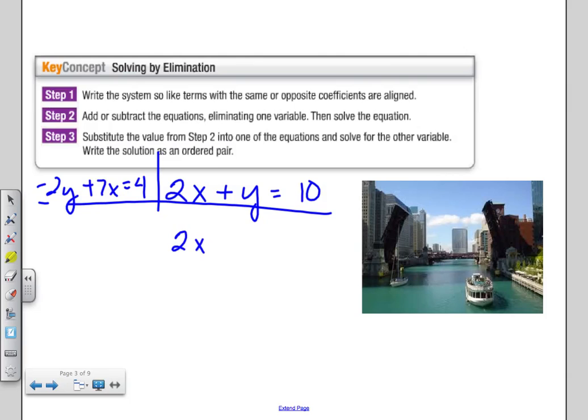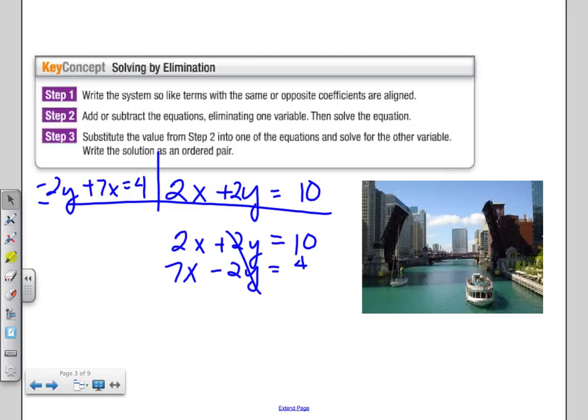We could line up the equations so they'll just cancel each other out. So I'd move the 7x to here so my variables are lined up, and this one would be 7x minus 2y equals 4. Then you can see I can cancel those out. So your first step is to line your terms up so you can cancel something out.